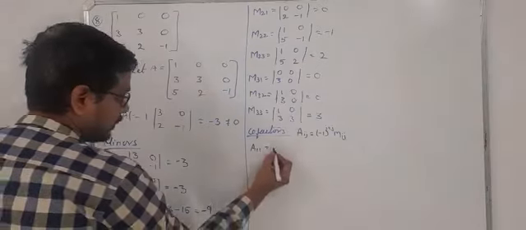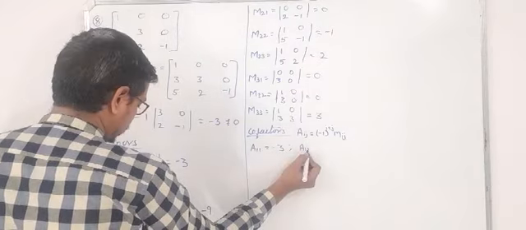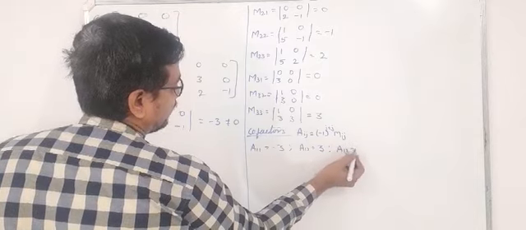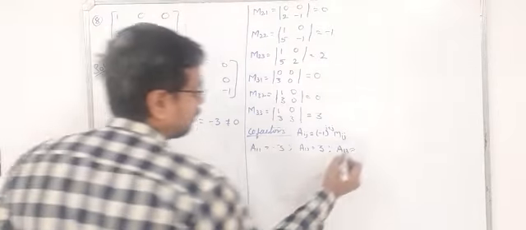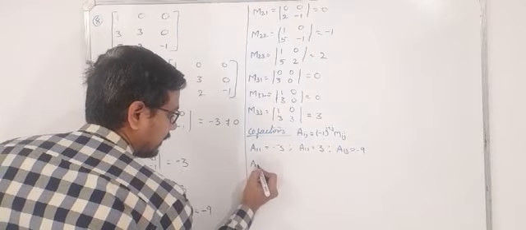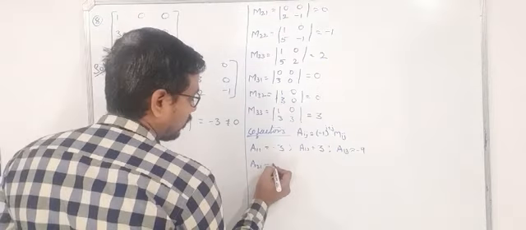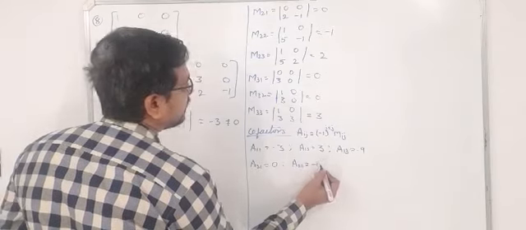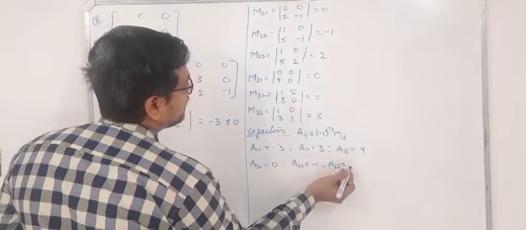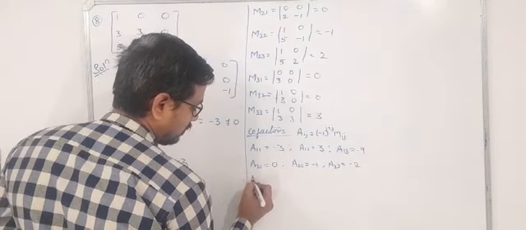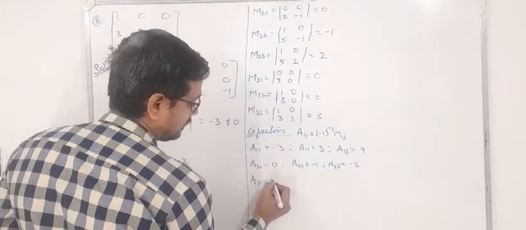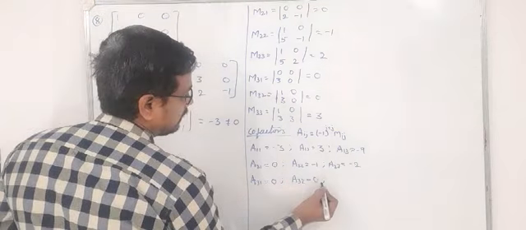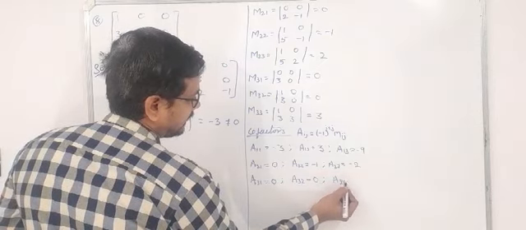A11 will be minus 3, A12 will be plus 3, A13 will be minus 9, A21 is 0, A22 is minus 1, A23 is minus 2, A31 is 0, A32 is 0, A33 will be equal to 3.